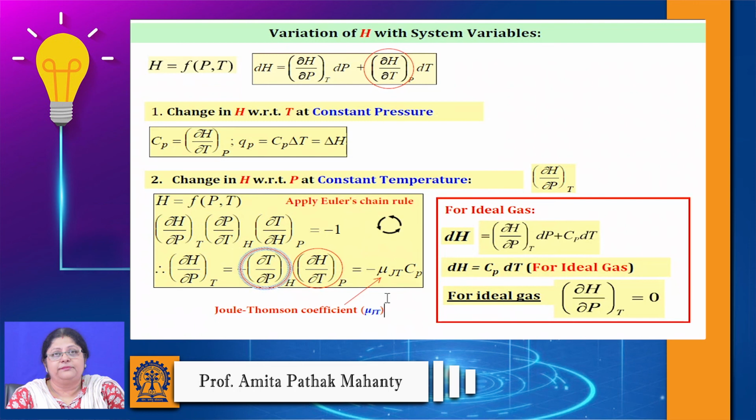The thing which I want to introduce is this part. If you take it to the other side, what you get, this will go up, so this will get reversed. So delta H with respect to delta P at constant temperature is nothing but this term, change in temperature with pressure at constant enthalpy, and this is usually used in the Joule-Thomson experiment, and so this is known as the Joule-Thomson coefficient: how the temperature is changing with change of pressure at constant enthalpy.